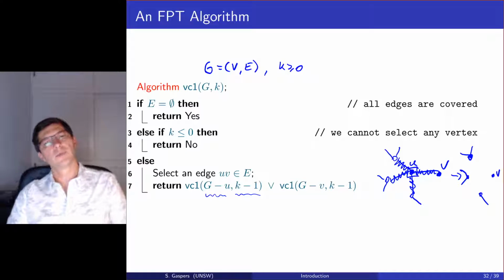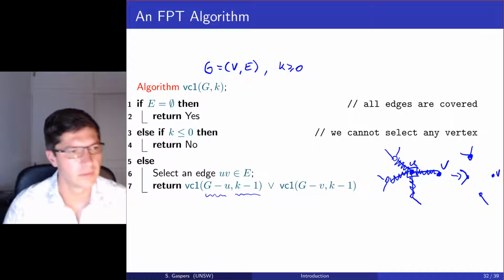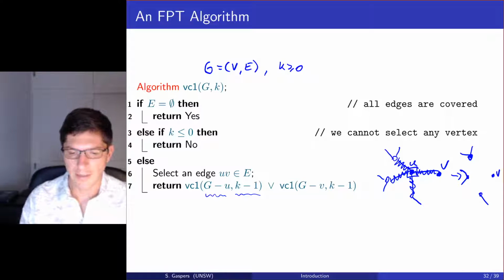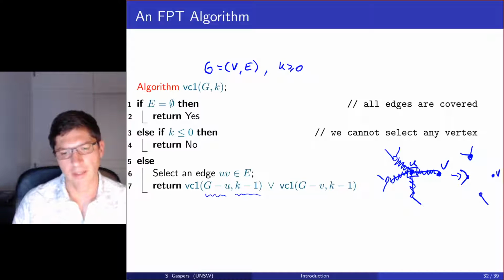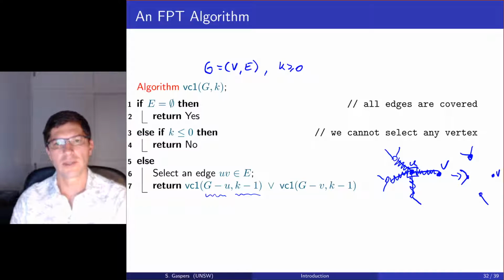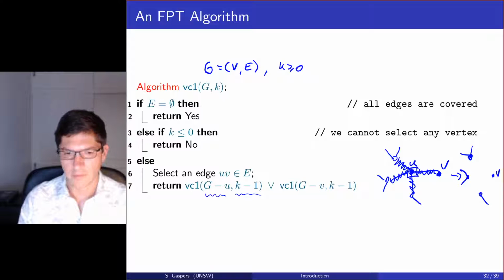Okay, so I said this is an FPT algorithm. I said that we can upper bound the running time by something where the exponential function depends only on k. So why is this?